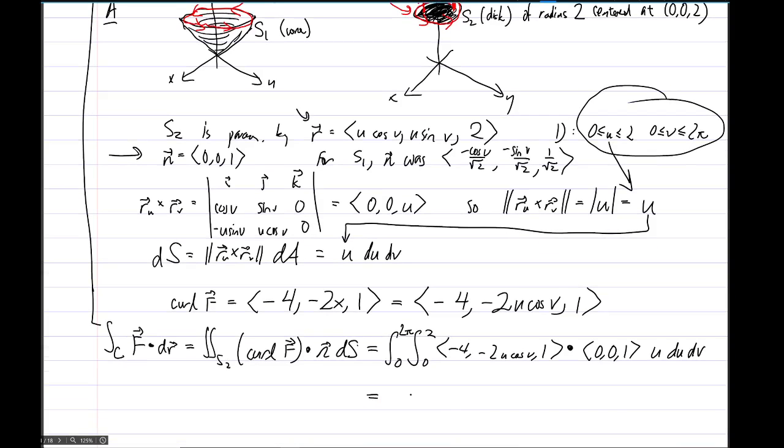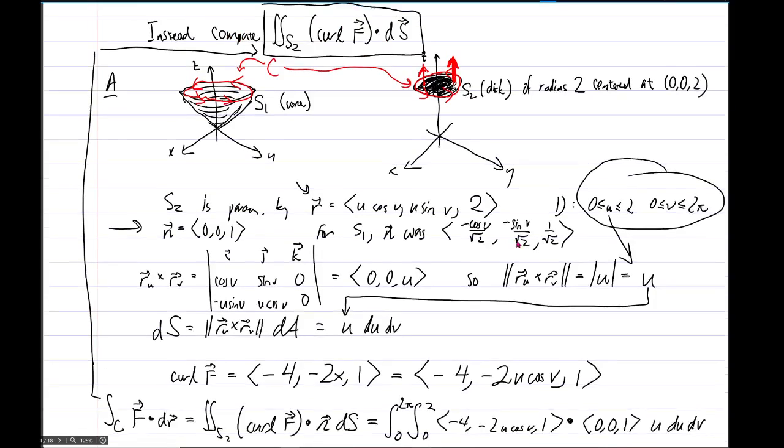We're going to have integral 0 to 2 pi, integral 0 to 2. This dot product cleans up real nice, because 0 times whatever plus 0 times whatever, thanks to this vector here, we just have 1 times 1. So all we're left with is really just u du dv. And if you work out all these details, you'll just get 4 pi.